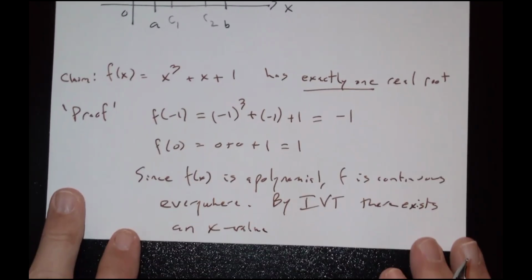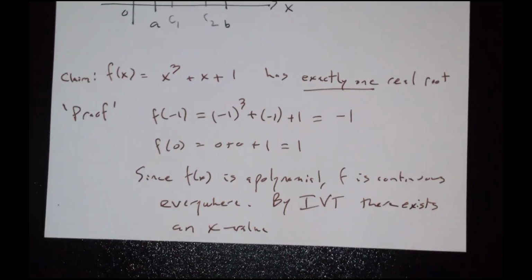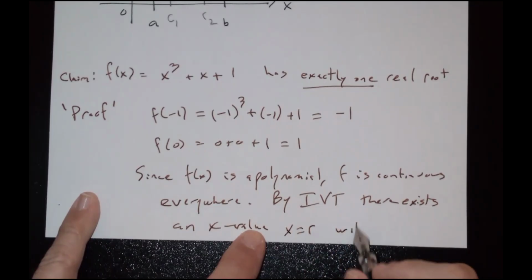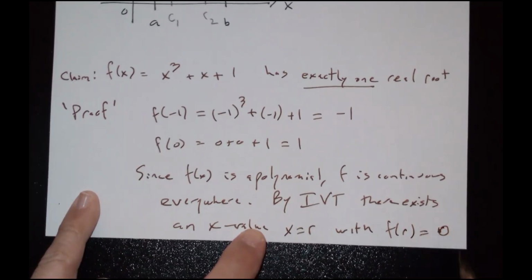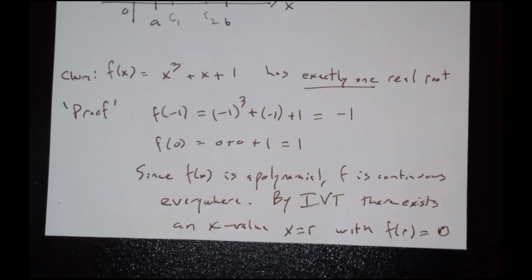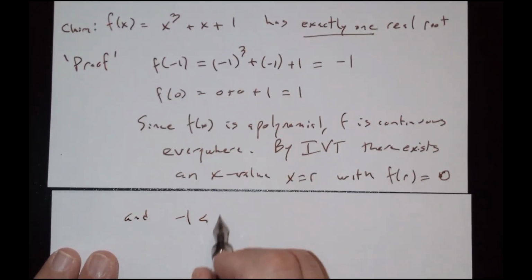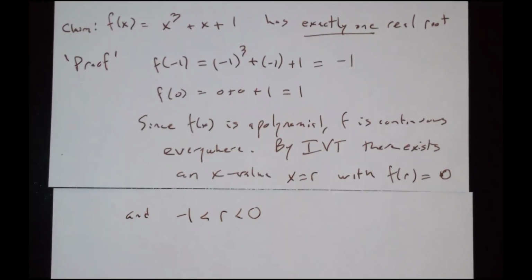I need to give this x value that we're going to say is our root a name. Let's call it R for root. And what's more, I know that R is between negative 1 and 0.